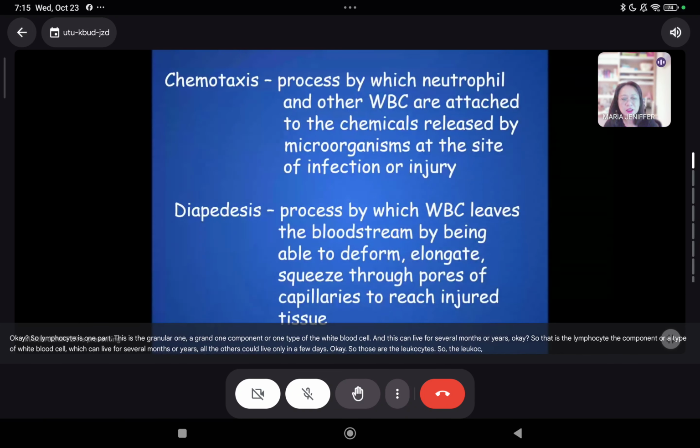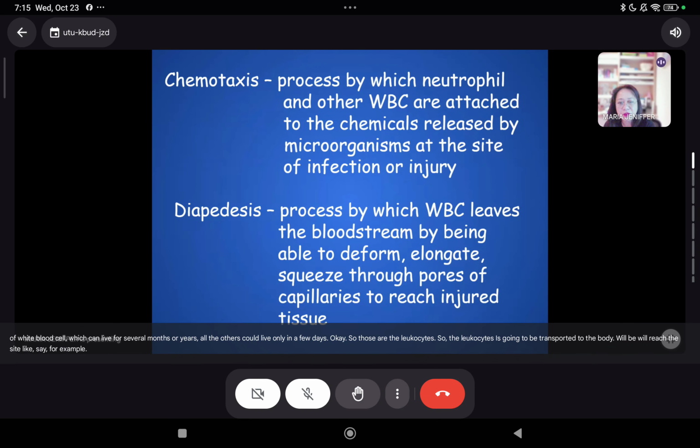The leukocytes are transported in the body and will reach the site, for example the site of infection, by the process of chemotaxis. When you say chemotaxis, this is when the neutrophil or the other white blood cell components attach to the chemicals released by the microorganisms at the site of infection or injury.